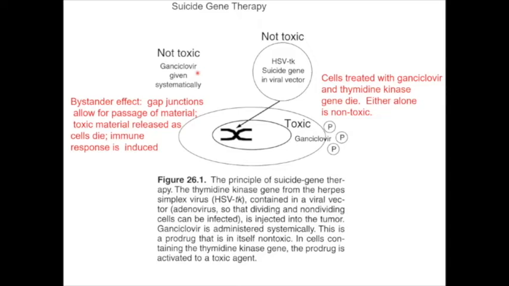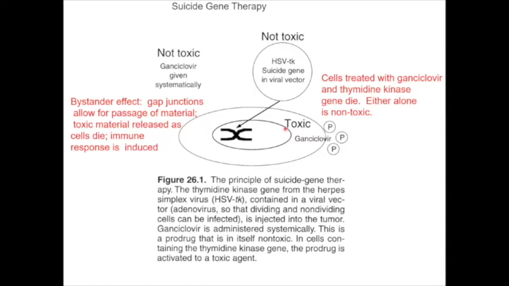You then infect with herpes simplex virus, the herpes simplex virus genome, which contains the thymidine kinase gene. This now goes in. The thymidine kinase takes the inactive ganciclovir drug, makes it be phosphorylated, and makes it be toxic for the cells.